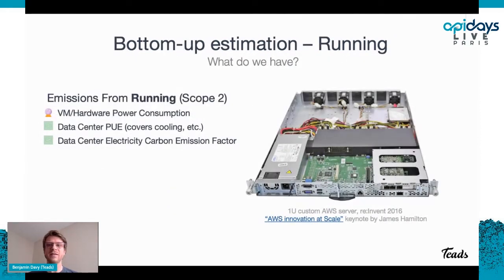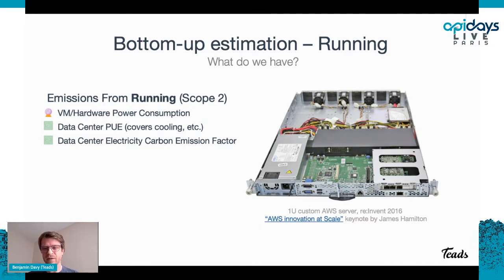Now, let's start with emissions related to running our instances. In order to estimate them, we need to find a way to know the power actually consumed by our instances. We also need to know the power usage effectiveness, also named PUE, of the data center.